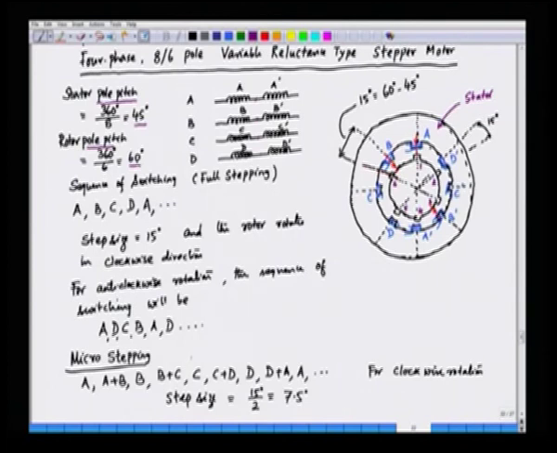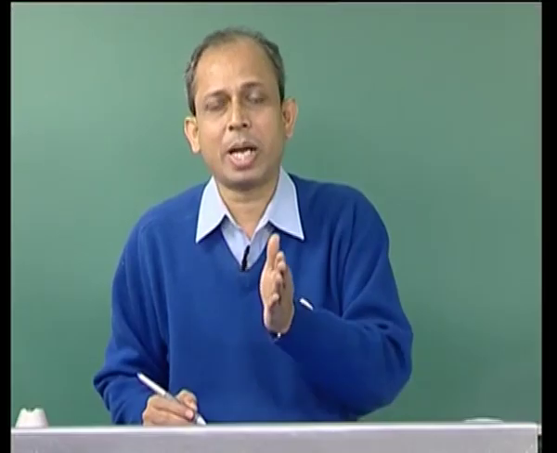So, when we switch various windings, we have phase A, phase B, phase C and phase D. When we switch on phase A, the MMF will be along this phase A, that is basically the stator MMF. This is the MMF produced by the phase A winding, and the rotor pole will try to orient itself along that particular MMF.